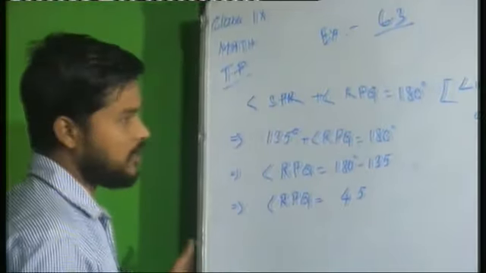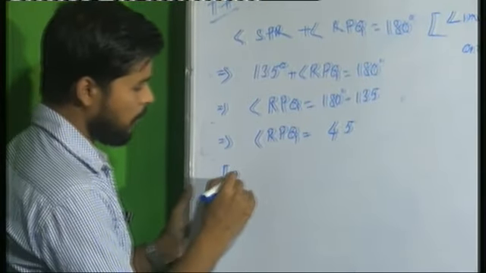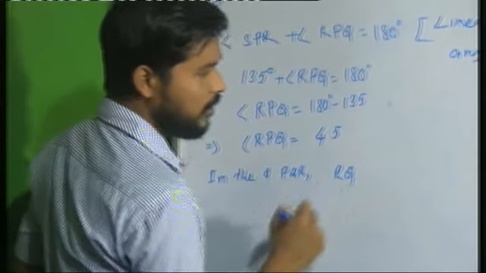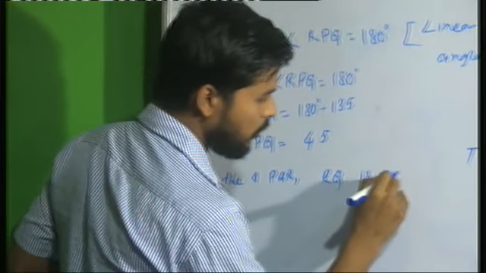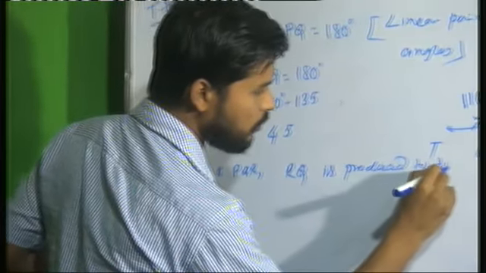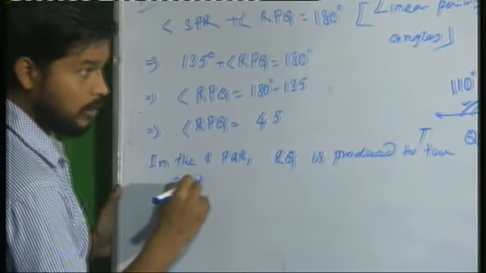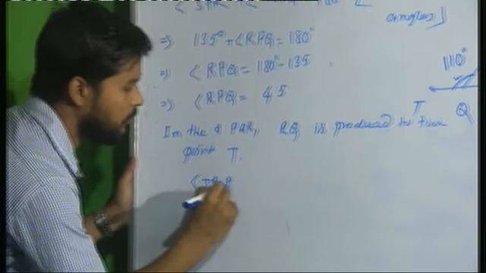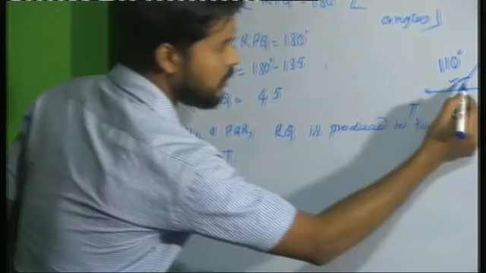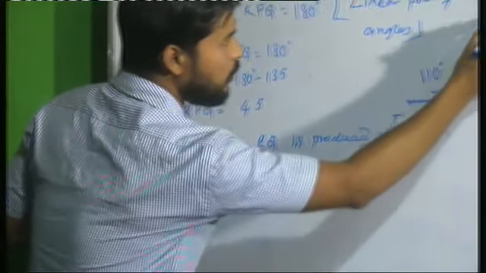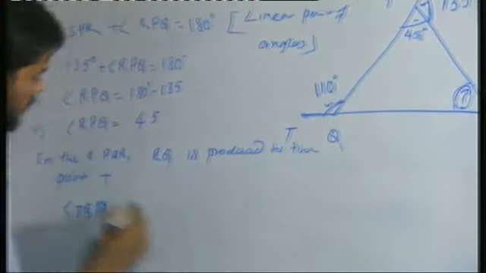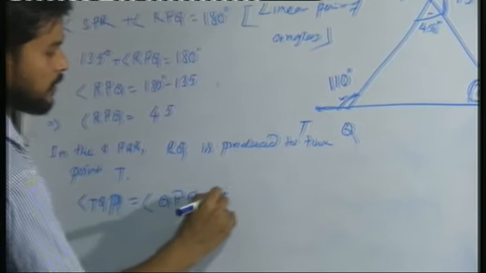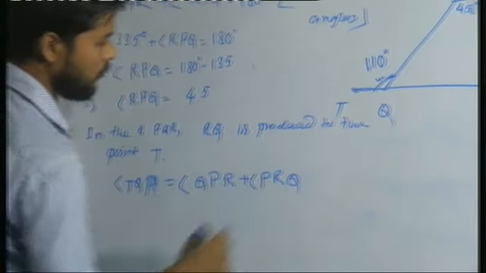So now apply the exterior angle property, because in triangle PQR, the side RQ is produced to the point T. So the exterior angle TQP, this angle TQP, is equal to that angle plus that angle, means angle QPR plus angle PRQ.